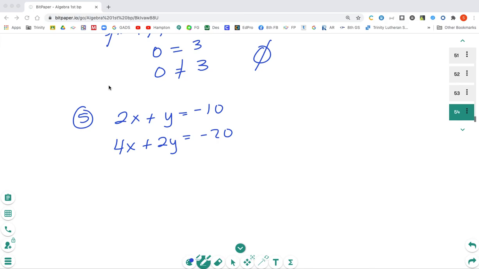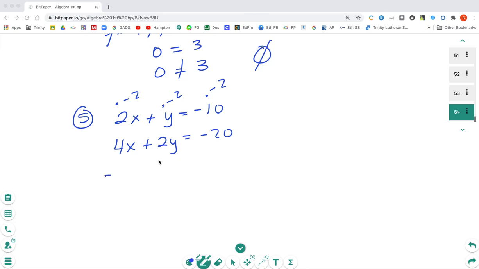All right, I have a positive 2y here, so if this was a negative 2y, it would be a zero pair. So I'm going to multiply by -2 and create the zero pair.